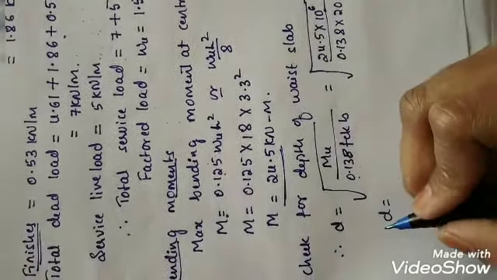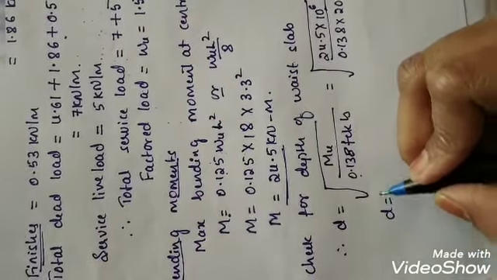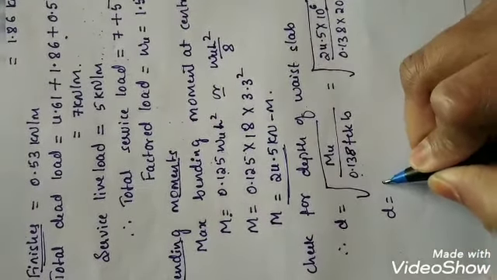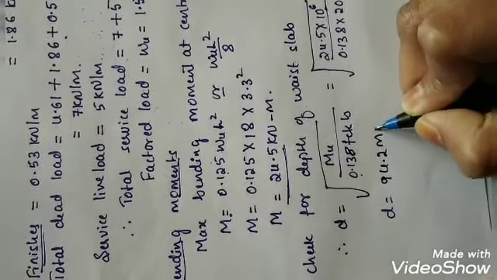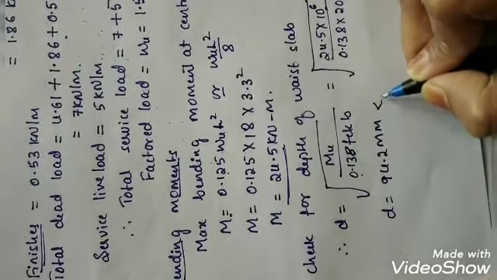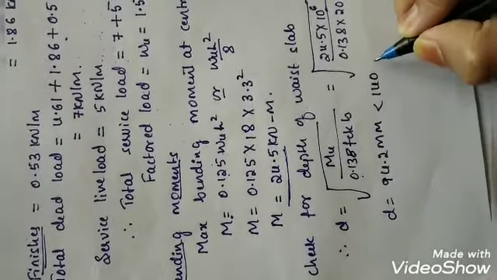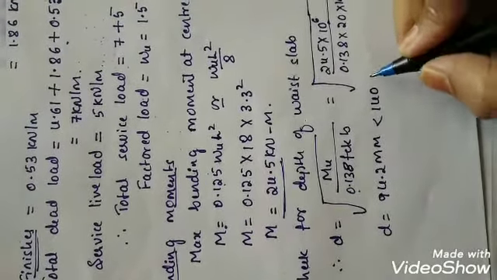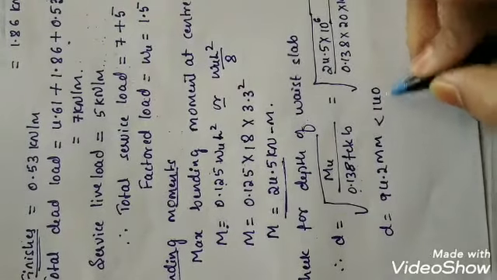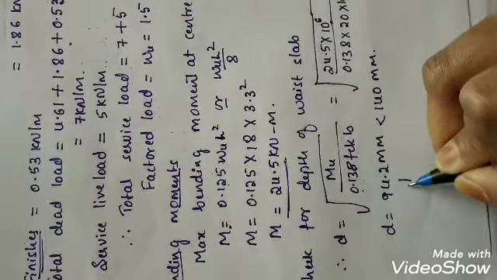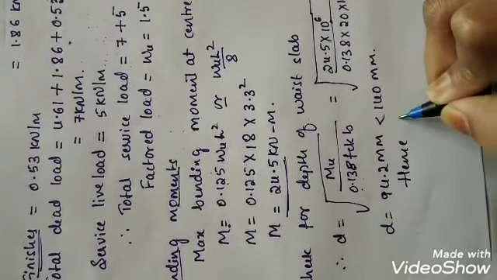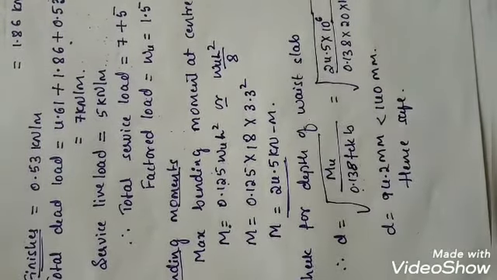If we solve this equation, we have got the d value, it is nothing but 94.2 mm, and it is less than what we have provided. We have provided it as 140 mm, small letter d. So it is less than this value, 140 mm. Hence our design is safe.